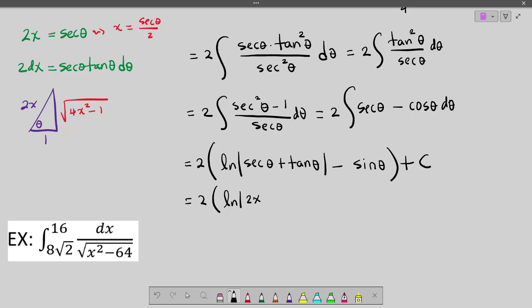Tangent is opposite over adjacent, so that's going to be the square root of 4x squared minus 1, minus sine of theta, opposite over hypotenuse. So minus the square root of 4x squared minus 1 divided by 2x. All that's plus c.